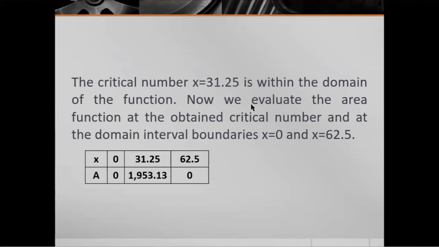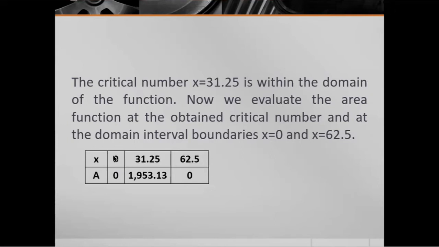Now, we evaluate the area function at the obtained critical number and the domain interval boundaries of x equals 0 and x equals 62.5. So, ito na yung ating result ngayon. So, pansin mo dito sa ating table, yung 31.25 yung ating critical number.